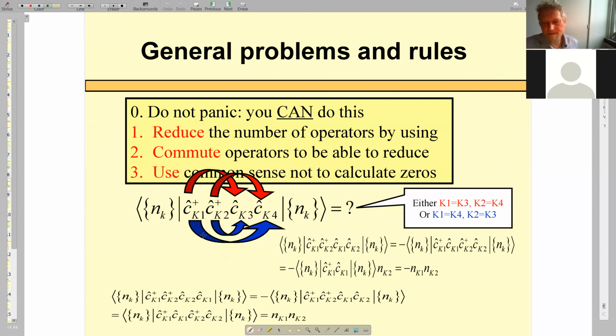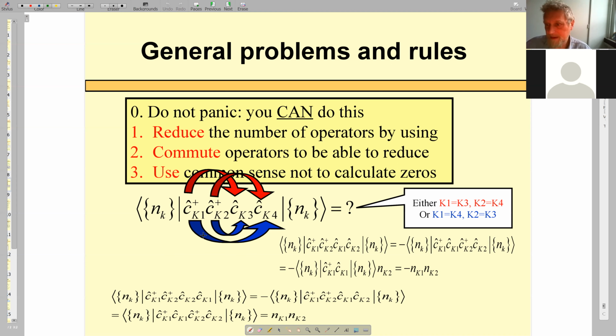Perhaps you have already started your homework, but at least in the lectures, it's the first time we encounter such a problem. Let me formulate general principles. How do you deal with these types of calculations?